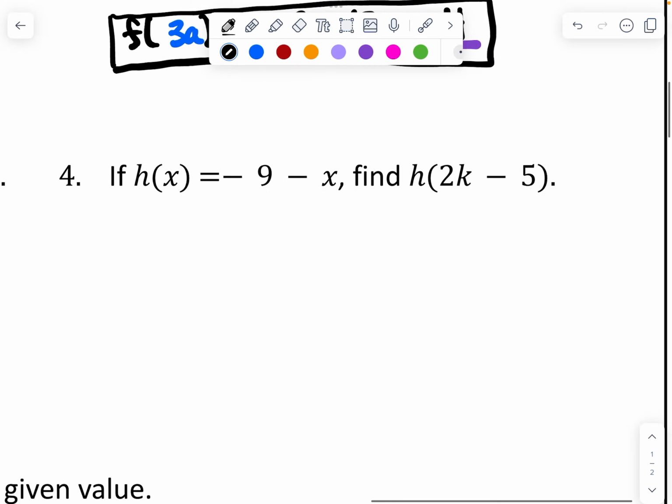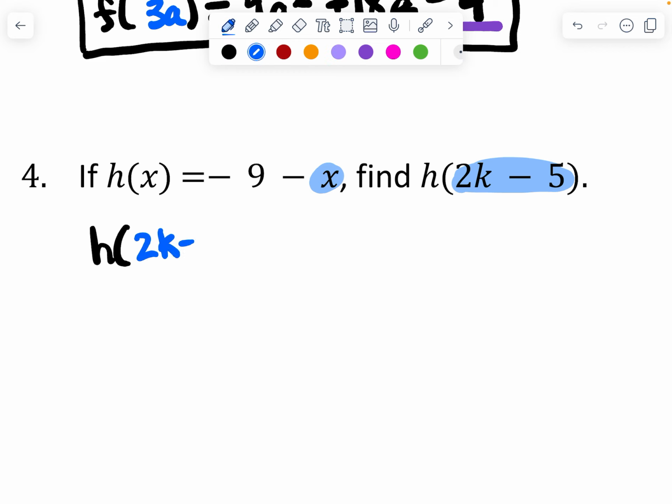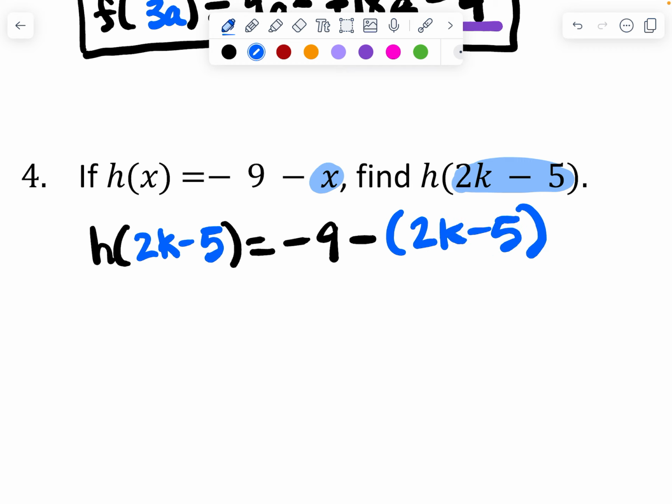Last example of this type of function is h of x equals -9 minus x. Find h of 2k minus 5. So I'm putting that here in my function. H of 2k minus 5 equals -9 minus 2k minus 5. Remember, I keep putting that input in parentheses.